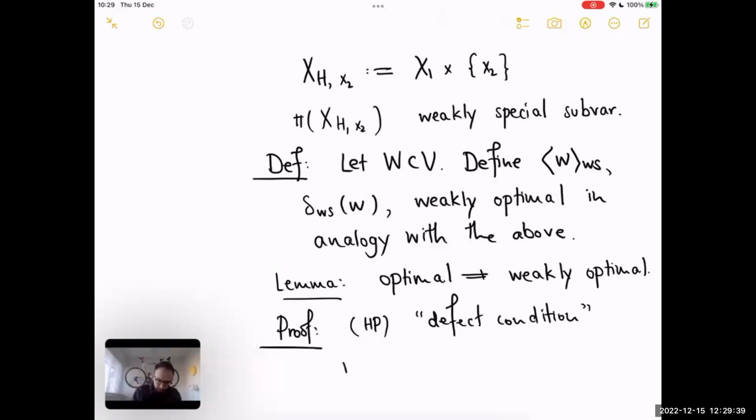So to be precise, if W is in Y, then the defect of Y minus its weakly special defect is at most the defect of W minus its weakly special defect.